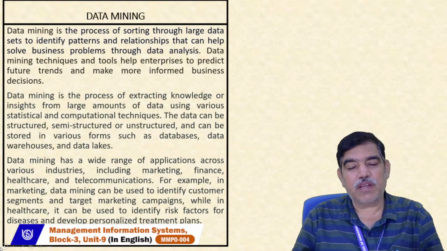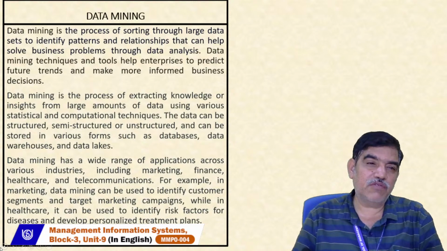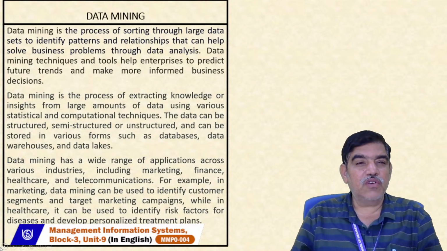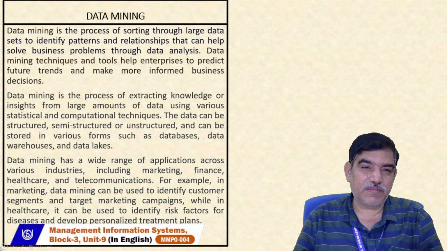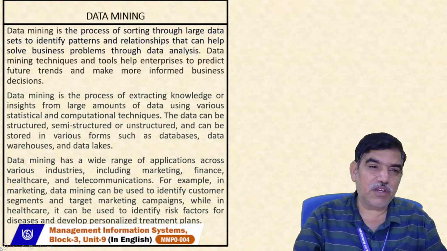If a large amount of data is stored in an organization, it is called a data warehouse. In a data warehouse, we use ETL, extract, transform, load techniques to store different types of data in a common format. A data warehouse stores the past data and the present data.